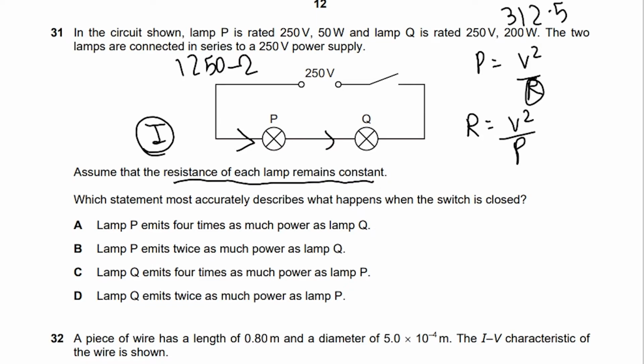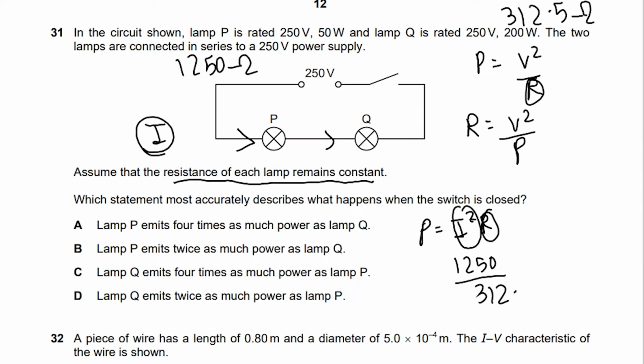Now we are told that the resistance remains constant and the current is the same in both lamps because they are in series, and there is a formula for the power dissipated, which is P is equal to I squared R. Now, for a moment, ignore I, since they are the same in both. The current is the same in both lamps, and eventually you'll get rid of it when you divide them. So let's only take R into consideration. The resistance of P is 1250. The resistance of lamp Q is 312.5 ohm.